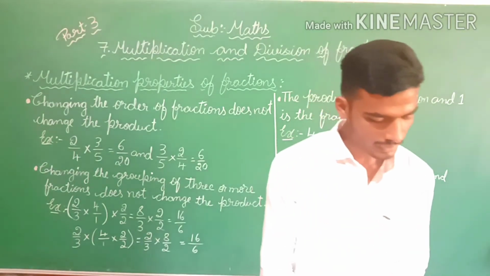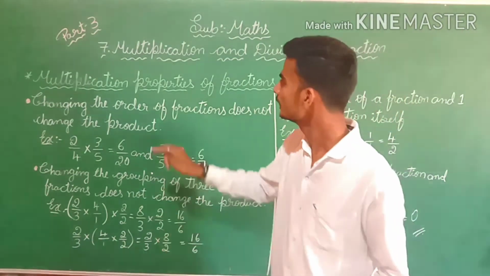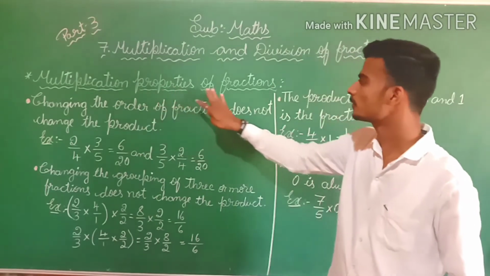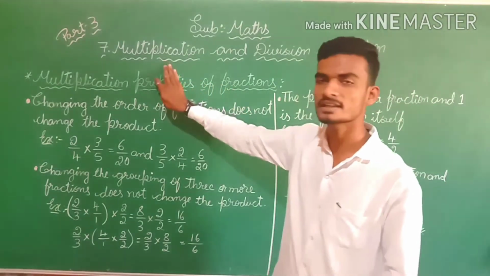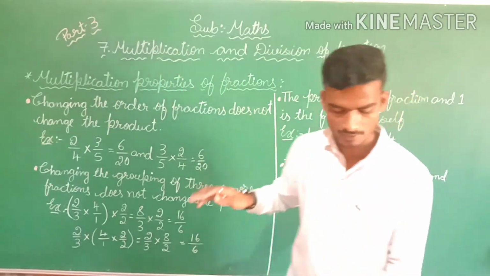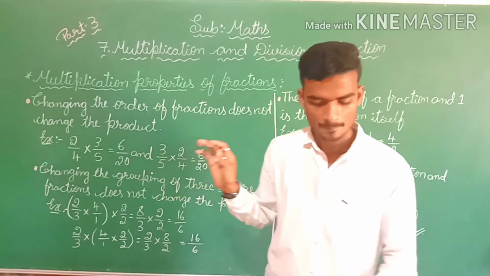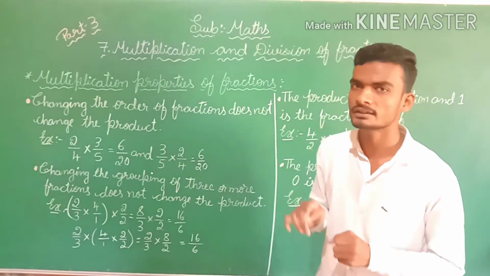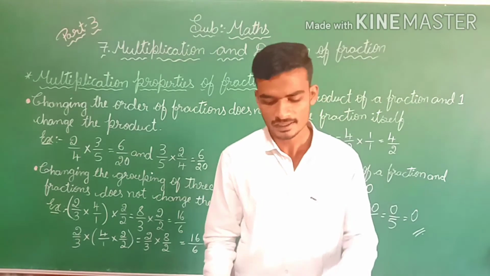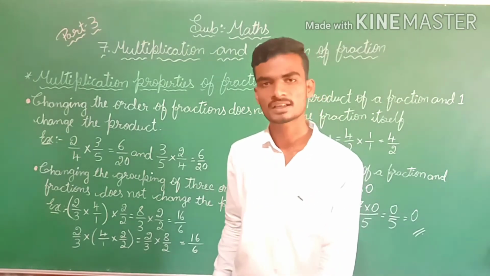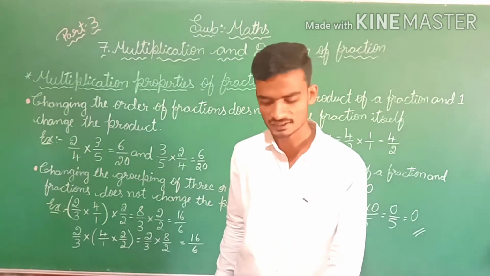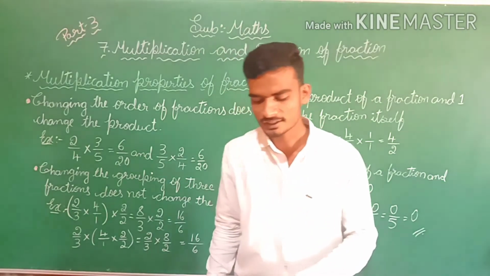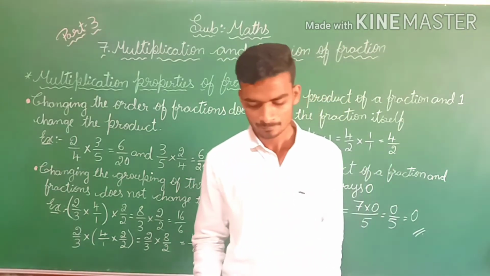Dear students, in multiplication we have learned a few topics. First, multiplication of fractions. Next, multiplication of a whole number with a fraction. Next, multiplication of a fraction by a fraction.